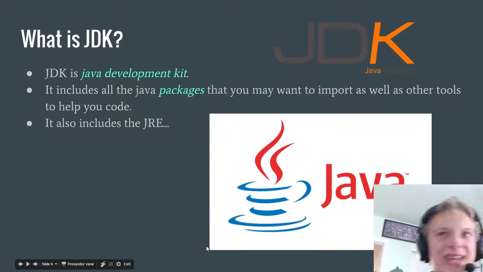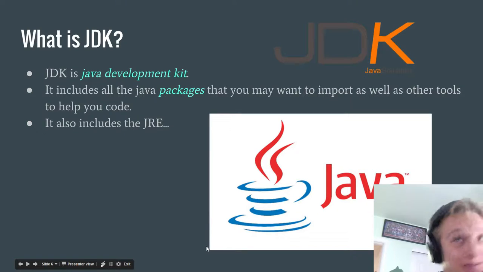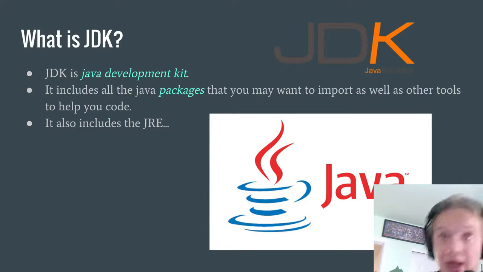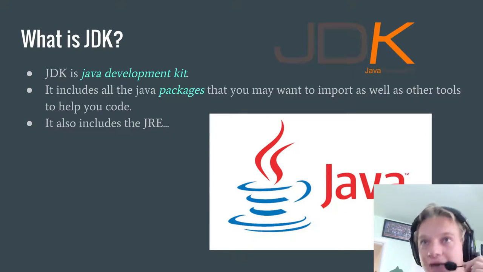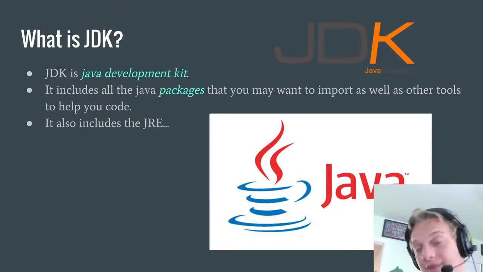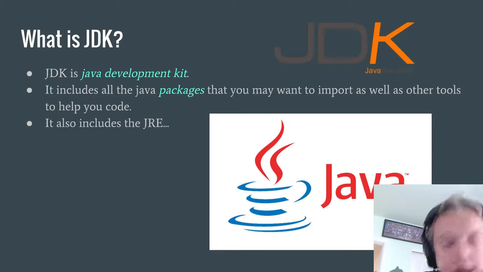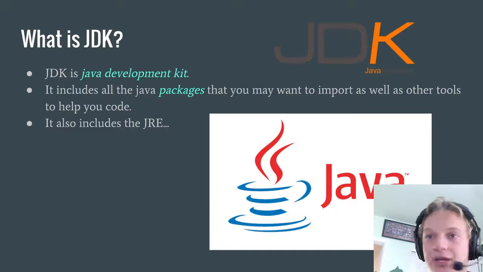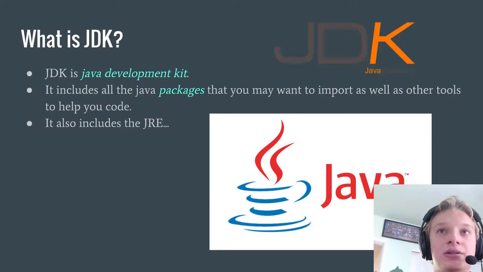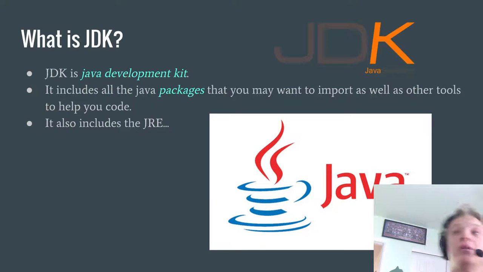So what is the JDK? What is that thing that we just downloaded? Well, it's called the Java Development Kit, and it includes all the Java packages, which are whenever you have something like import java.swing.*, or whatever you are importing, that is all included in the JDK. Now, the JDK is included in Eclipse. You download it together.